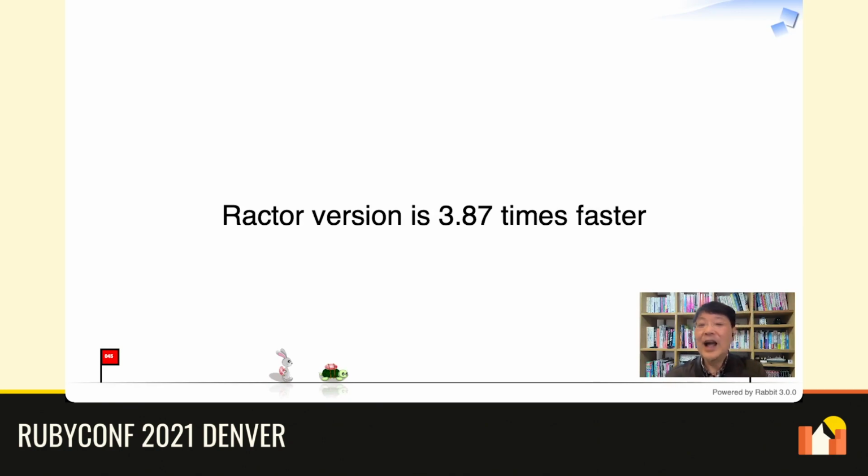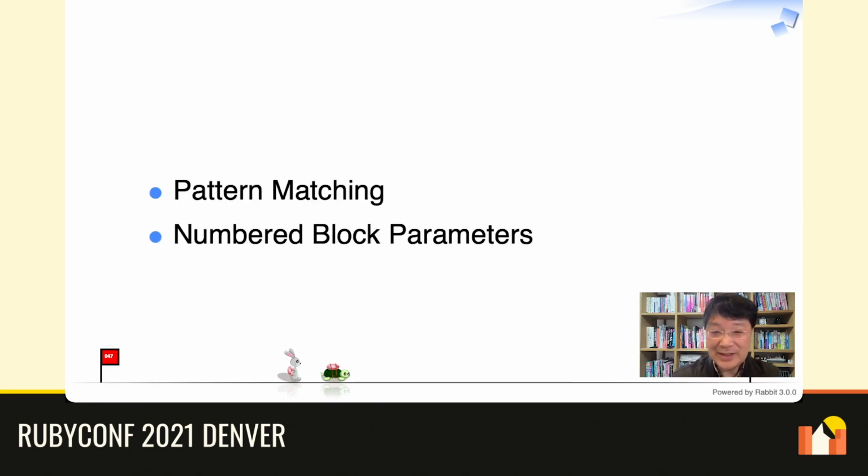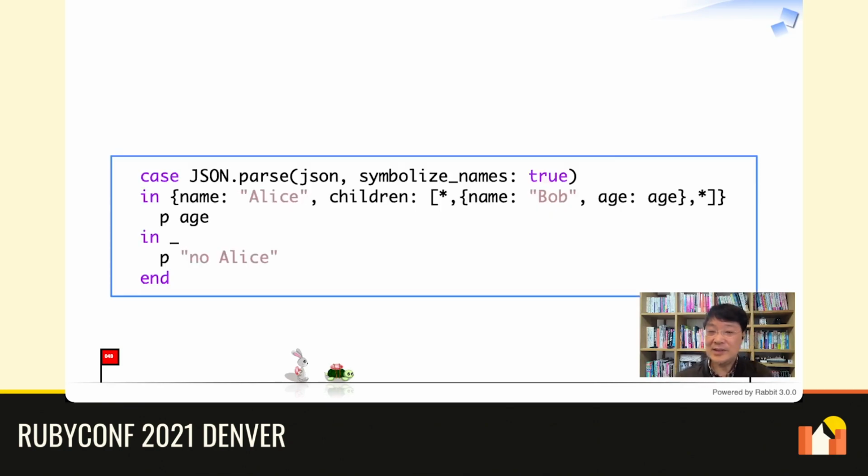Okay. The third improvement in Ruby 3.0 is adding new syntax. The major ones are pattern matching and numbered block parameters. Pattern matching was added in 2.7. This is an example of pattern matching.